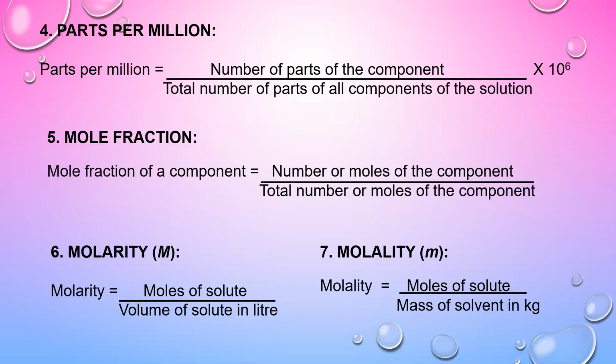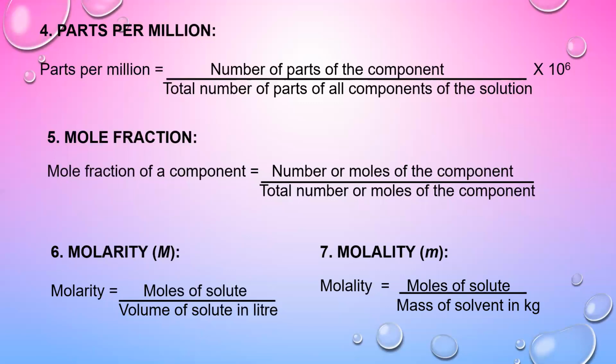Next comes molality. Molality is defined as the number of moles of solute present in 1 kg of solvent. It is denoted by small m. Hence, molality is equal to the number of moles of solute upon the mass of solvent in kg. Often in a chemistry laboratory, a solution of a desired concentration is prepared by diluting a solution of known higher concentration.